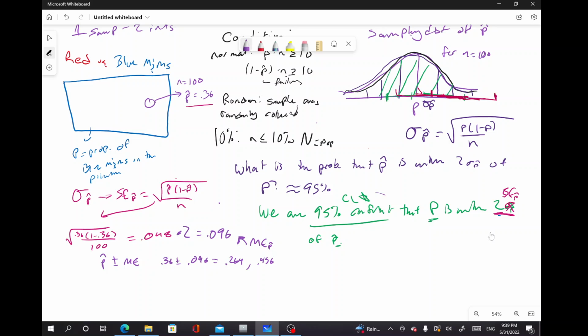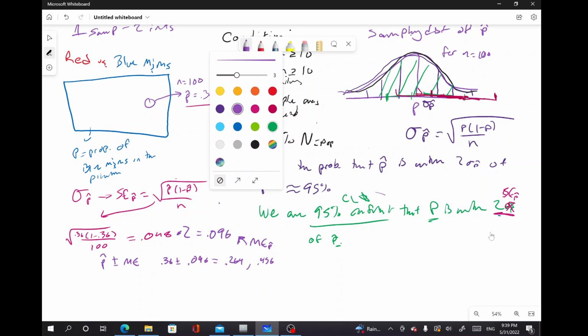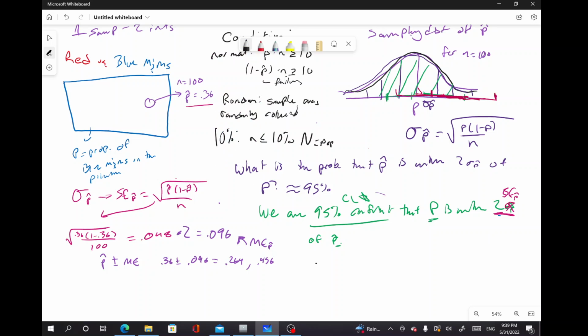Now we can make this whole new statement, which we can say: we are 95% confident, again using this confidence level right here that we started with before, that p, and then we want to use p in context.